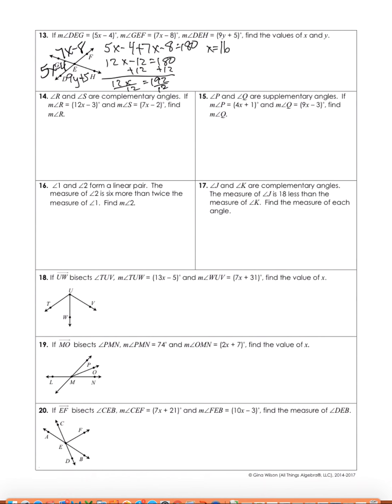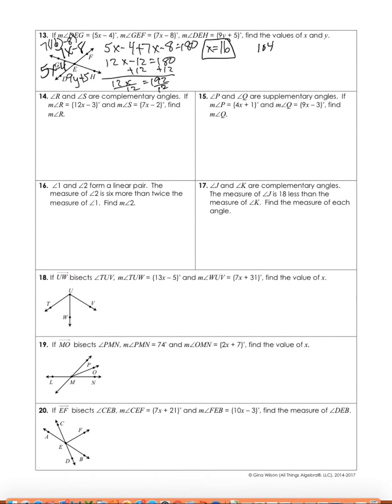So I'm done with that part, because that was one of the things I was supposed to find. That still hasn't helped me find y, but I could plug this 16 into this expression, 7 times 16 minus 8, okay? And when I do that, I get 104.